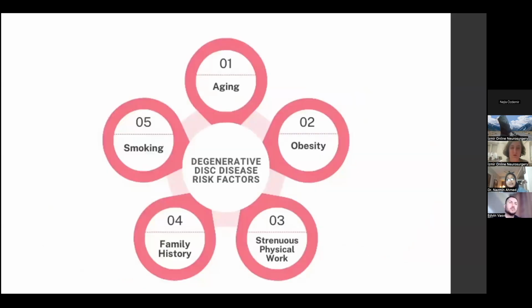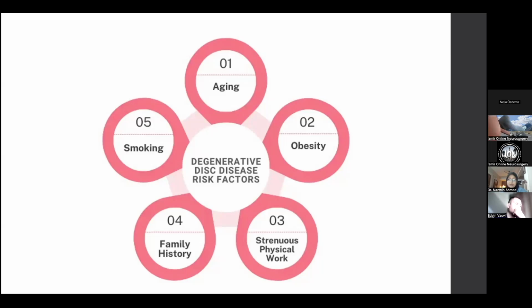There are some predisposing factors by which this healthy disc undergoes degenerative changes, like aging, obesity, and strenuous physical exercise. There may be a family history or history of smoking.